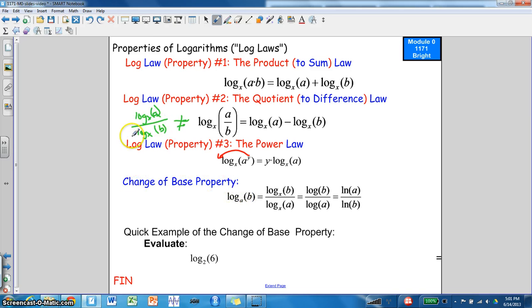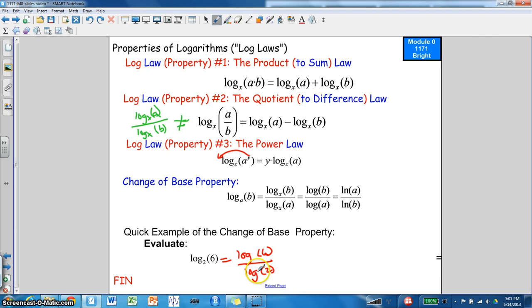This is where I was kind of going with this before, but essentially you can change it to whatever base you want. I personally like natural logs, but if you have log base a of b, change it to whatever base you want. So for example, down here, I could write this as log of 6 over log of 2.